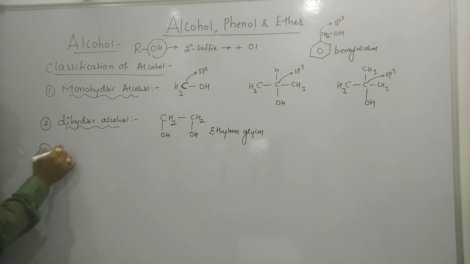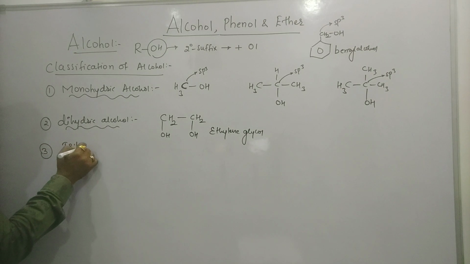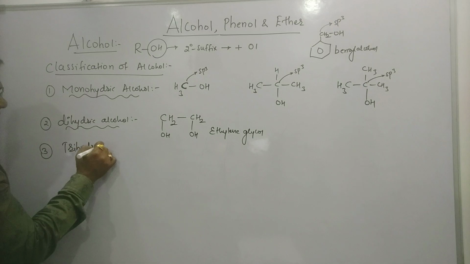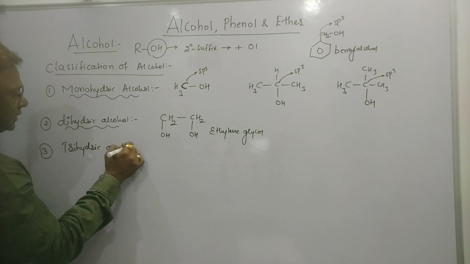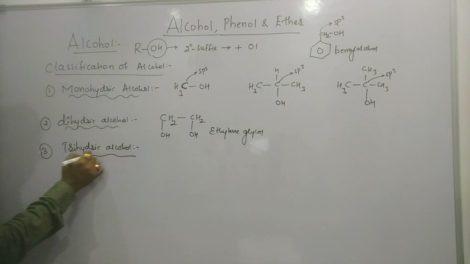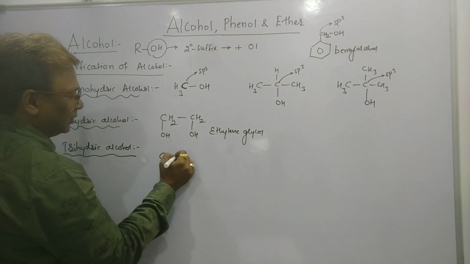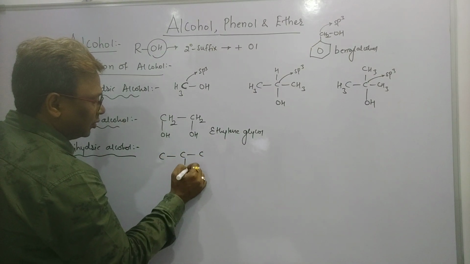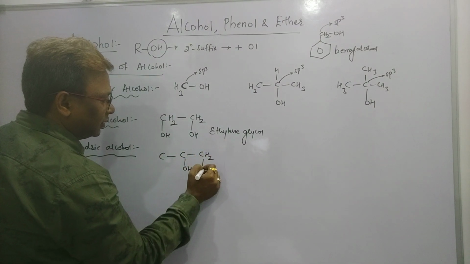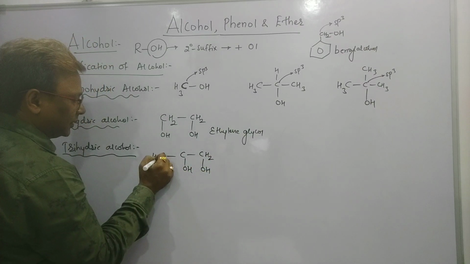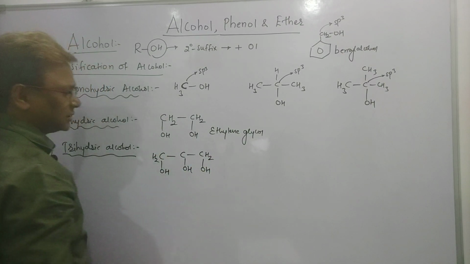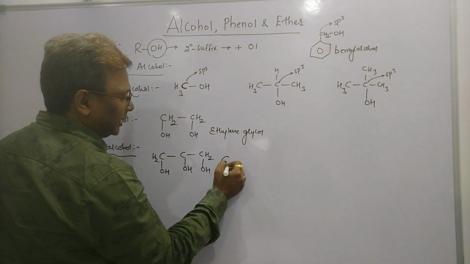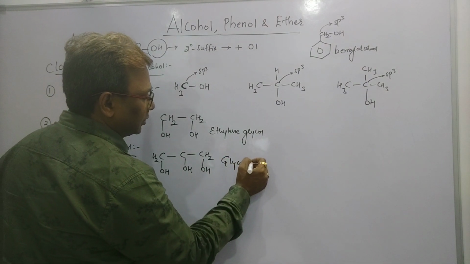In the same way, we have a trihydric alcohol, and do you know this trihydric alcohol is called glycerol? It will be called glycerol. 1, 2 and 3: OH bonded to a terminal carbon, OH bonded to the middle carbon, and OH bonded to the other terminal carbon. Commonly it will be called glycerol.